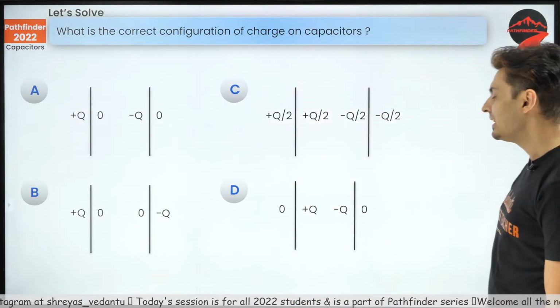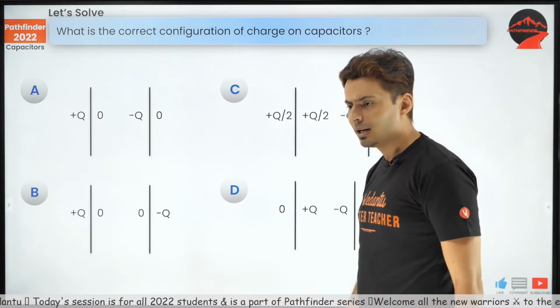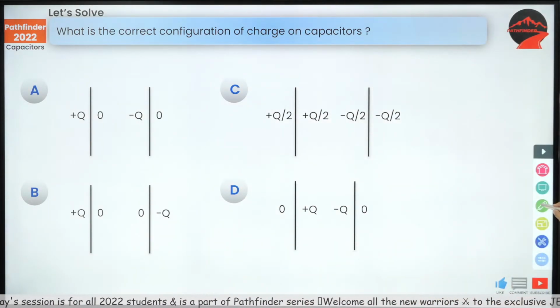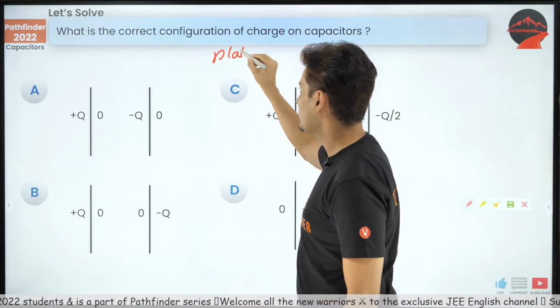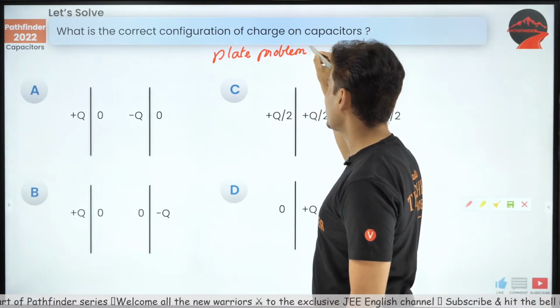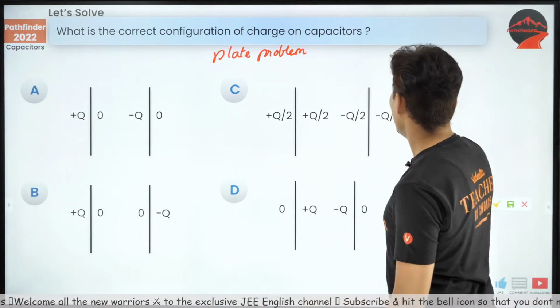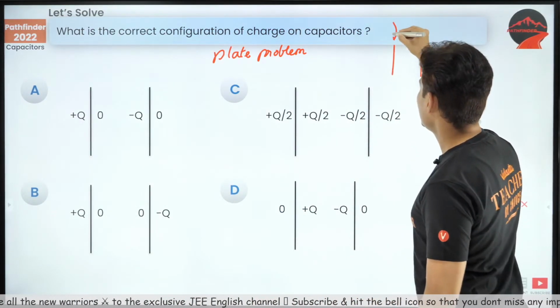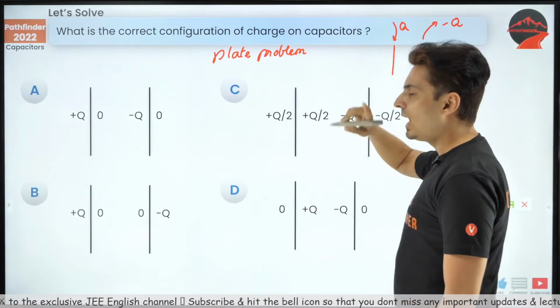So a lot of you are saying D. Some of you are saying C also. One of you said B. Well, guys, remember plate problems? I have done an exclusive lecture on just plate problems. And I had told you, whenever you have 2 plates and this plate is given Q charge, this plate is given minus Q charge, I had given you one trick.